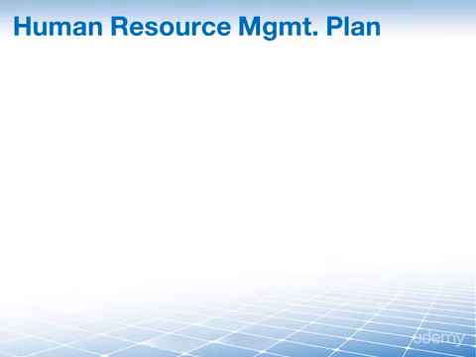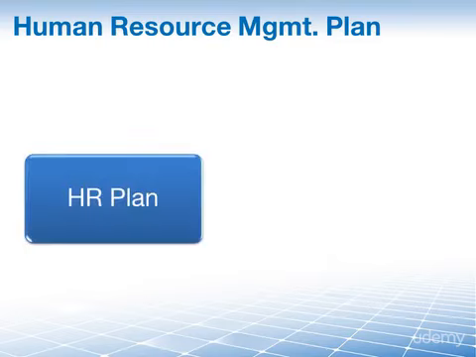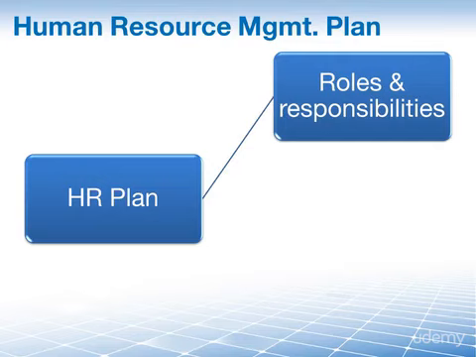So are there any other documents, anything else that's part of the human resources management plan? Yes, there is. The human resources management plan consists on a high level of these three documents here. It consists of the roles and responsibilities that your human resources will have.